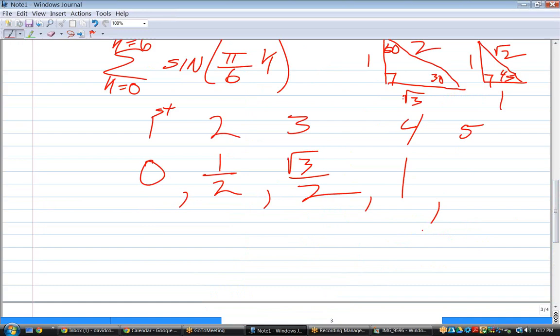That would be when k is equal to 4. Sine of 2 pi over 3, which is 120 degrees. What's the value of that?